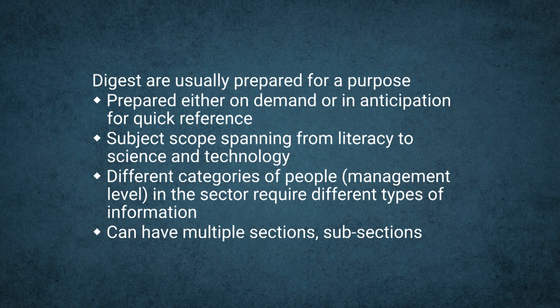For example, you want to report the value of your product maybe to your CEO, the value of your product to your line boss, the value of the product to your team. For the team you have to have a very in-depth study, and that is the kind of digest you will prepare.